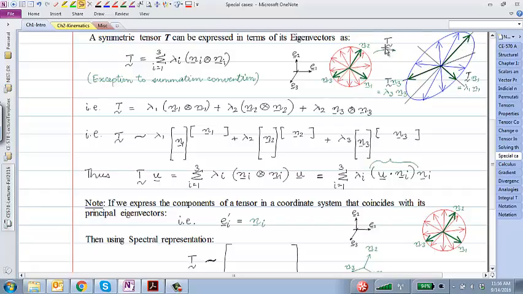If I express the tensor in these three directions, and even the vector in these three directions, then I can take any arbitrary vector here, find its components in N1, N2, N3. And what this tensor then does is that it takes that component in the N1 direction, scales it by lambda 1, takes the component in the N2 direction, scales it by lambda 2, takes the component in N3, scales it by lambda 3, and this gives me three perpendicular vectors to each other, right?